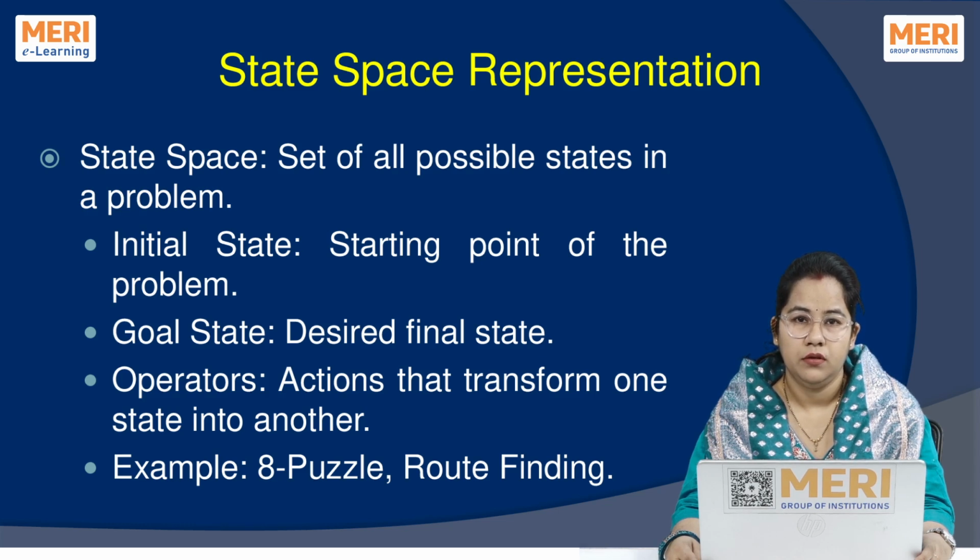For example, in the 8 puzzle problem, each arrangement of the tiles represents a different state and moving a tile represents an operator. In a route finding problem, cities represent states and roads represent transitions. By representing a problem in this structured way, an AI system can systematically explore possible paths to reach the goal.